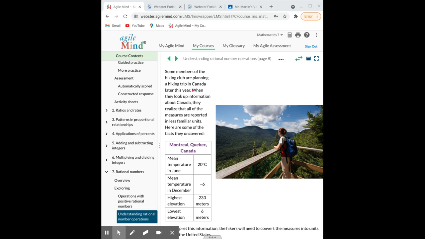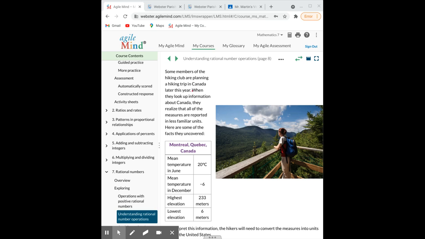Mean temperature in June, 20 degrees Celsius. Mean temperature in December, -6. Highest elevation, 233 meters. Lowest elevation, 6 meters.